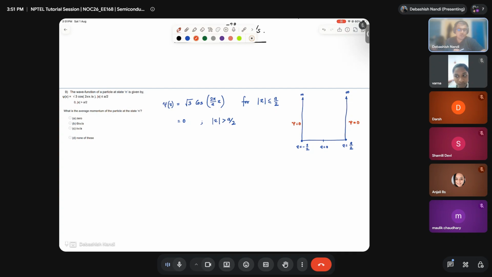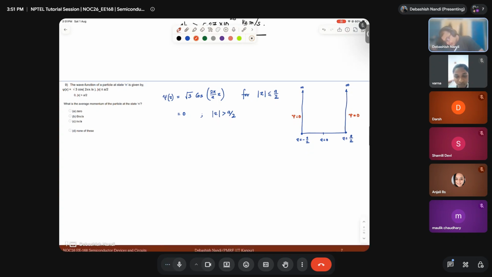How do we find out the average momentum? So let's say they want us to find out the px average. So this is the notation for expectation value or the average value. Fine. How do we do that?